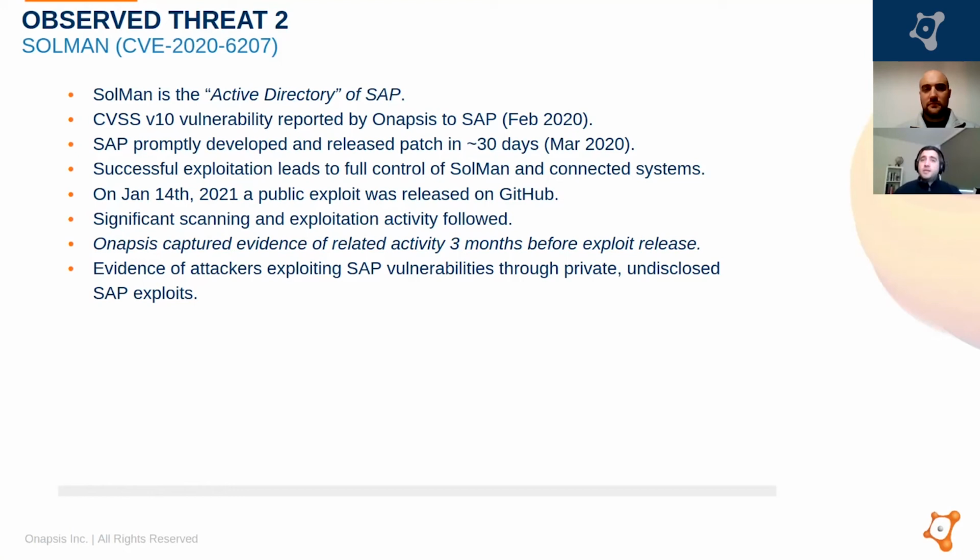Now, there wasn't a publicly available exploit up until January this year, as Ignacio mentioned. However, even though the active exploitation really peaked after the release of the publicly available exploit, if we look at the historical activity, we saw activity around this vulnerability before the public release, around October and November 2020.